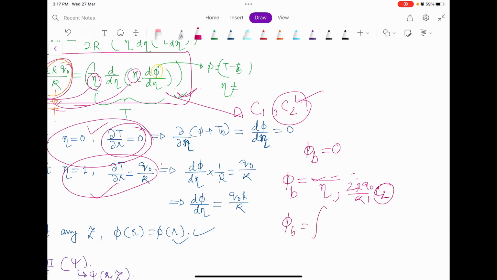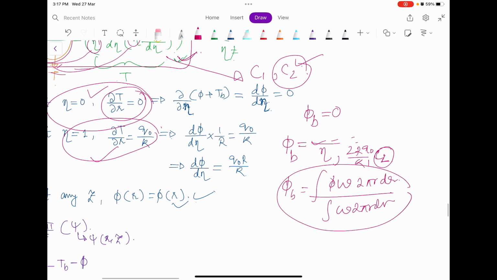Phi b equals the integral of phi w 2 pi r dA. Is dA 2 pi r dz? No, it is 2 pi r dr. We are integrating with respect to r, phi w into 2 pi r dr, that is the dA. Apply this, set it equal to 0, and you will get C2. I will solve this, but I insist you solve it on your own and get to a solution of phi.